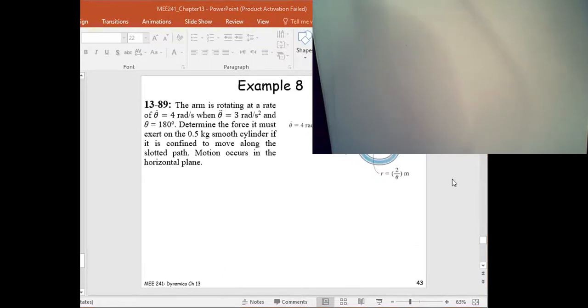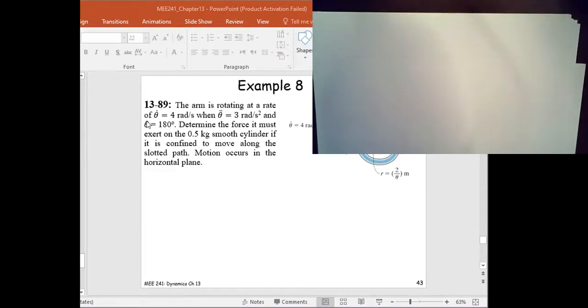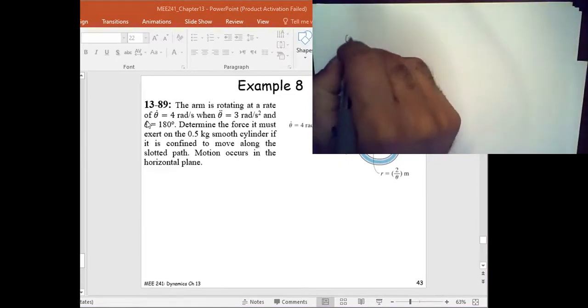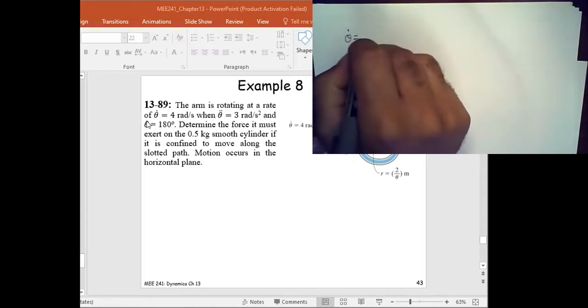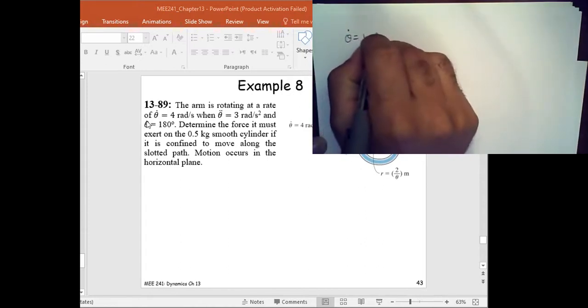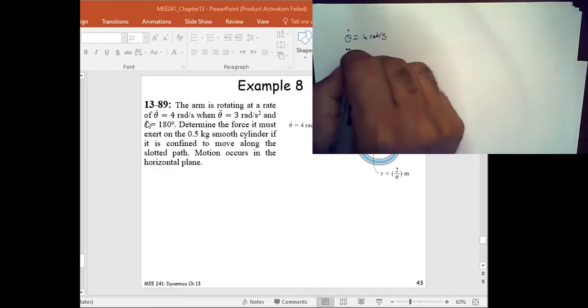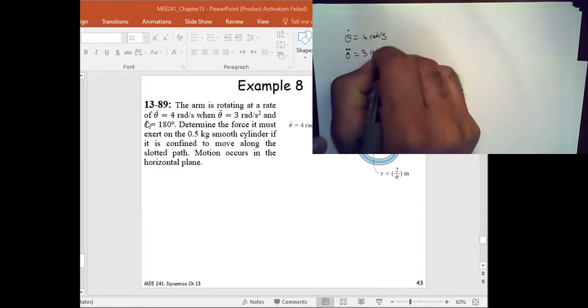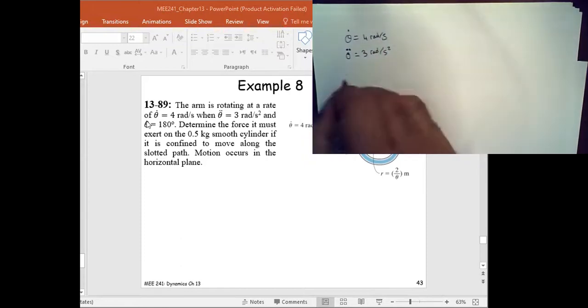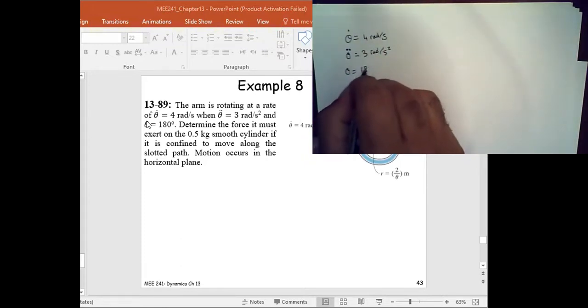Okay, so I'm just going to do one example here, and this is example 8. We have this arm that is rotating with a rate of theta prime equal to 4 radians per second, and an angular acceleration equal to 3 radians per second squared, and theta is equal to 180 degrees.